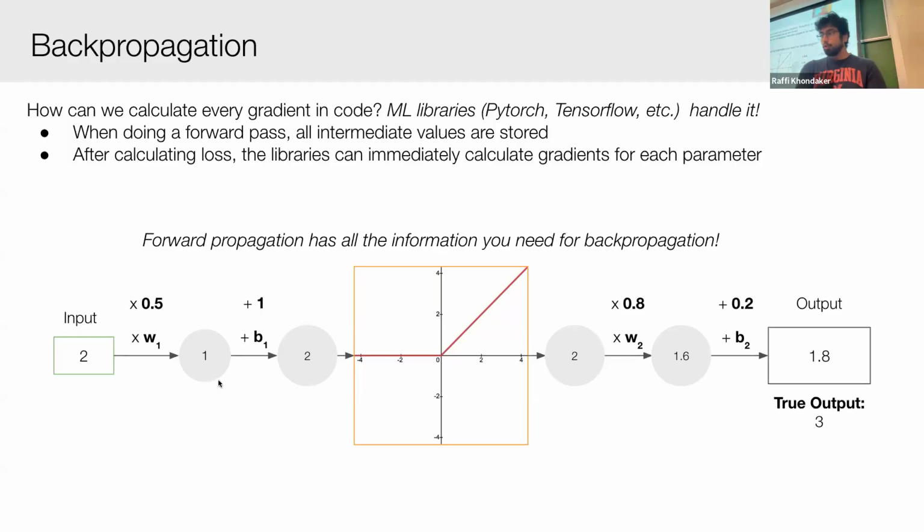What we need to calculate our gradients with respect to each function are these intermediary values. So 2 times 0.5, we want to save that. That's 1. 1 times 1 plus 1, that's 2. We want to save that as well. We save all these intermediary values, and that lets us calculate the gradients later on. That's how PyTorch and TensorFlow handle it.